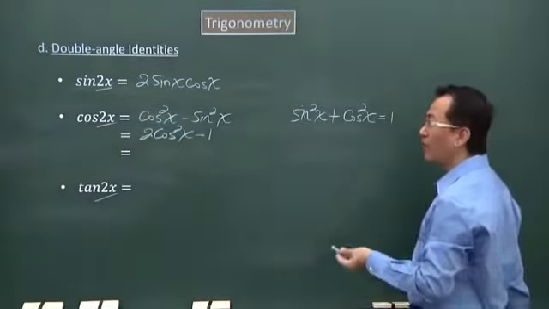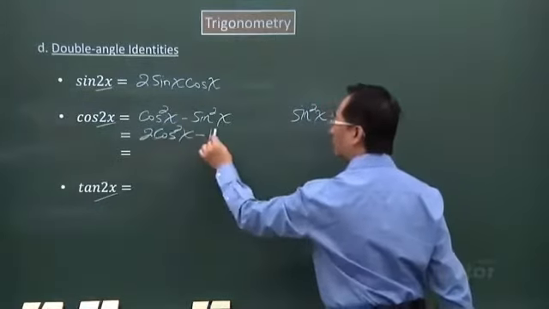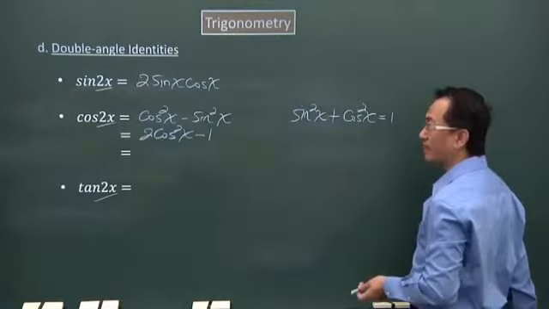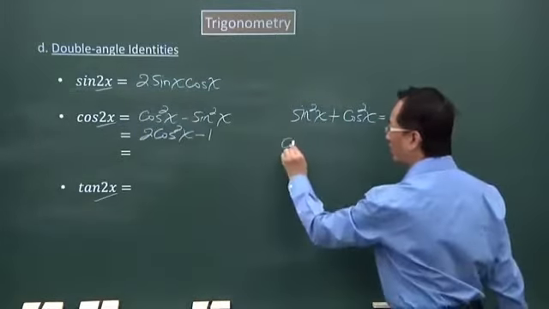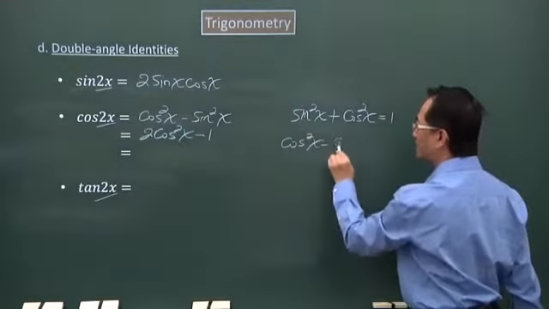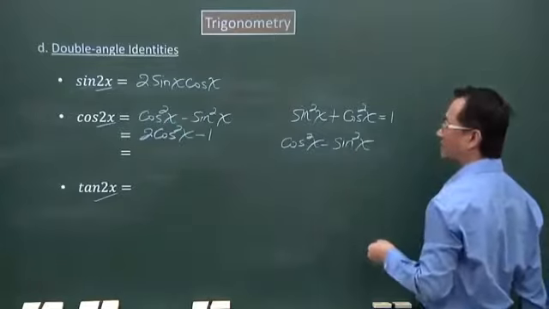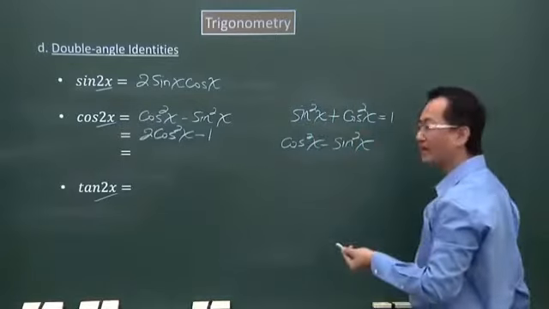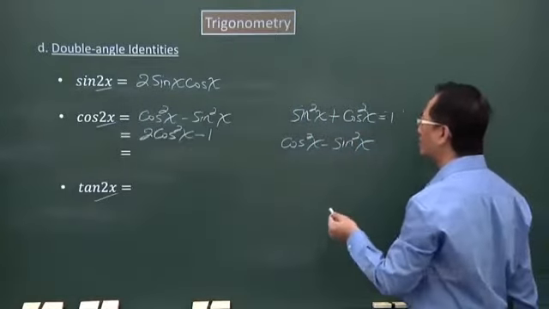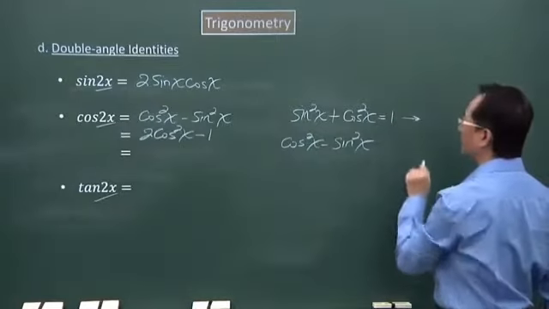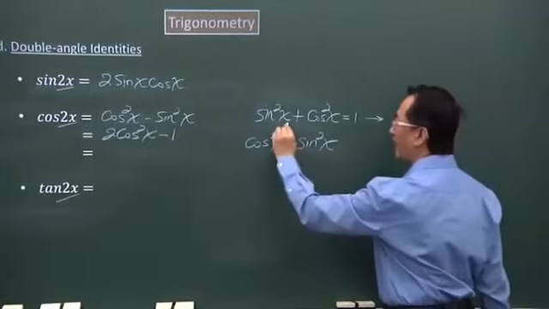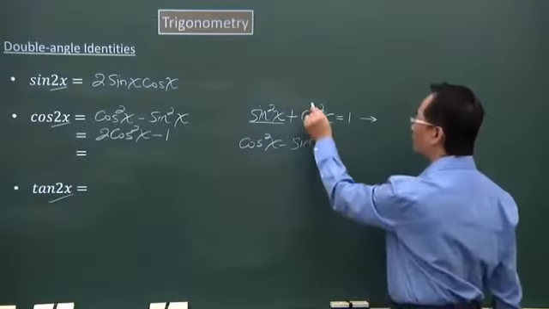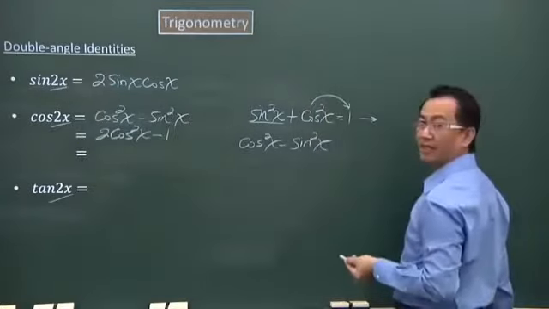Let me just show you how this part is obtained from here using these identities. Let's start with cos squared x minus sine squared x. Now, in order to get an expression in terms of cos x, what I need to do over here is to make sine squared x the subject. So I will transfer this to the other side.